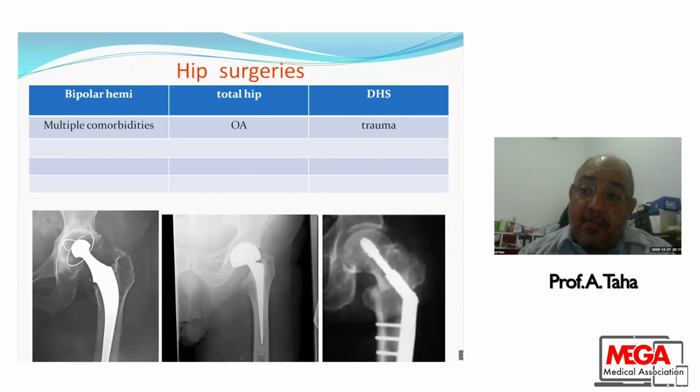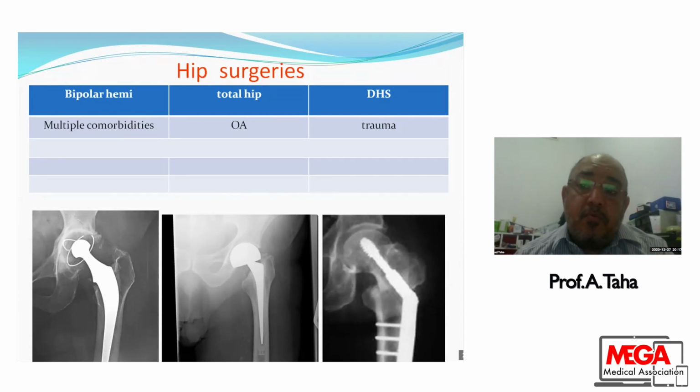The problem is the associated comorbidity of these patients; they are usually postponed and sometimes canceled. If the patient is canceled as not fit for anesthesia, I'm sorry to tell you that the mortality rate of this patient is 95% within 3 months. So any patient with a fractured neck of femur whom you tell that he is not fit for anesthesia will unfortunately mostly die within 3 months.